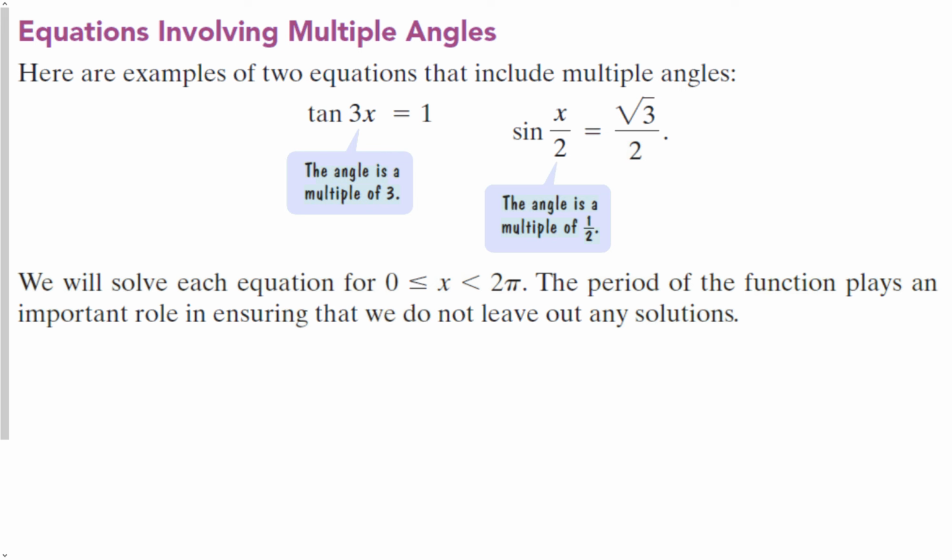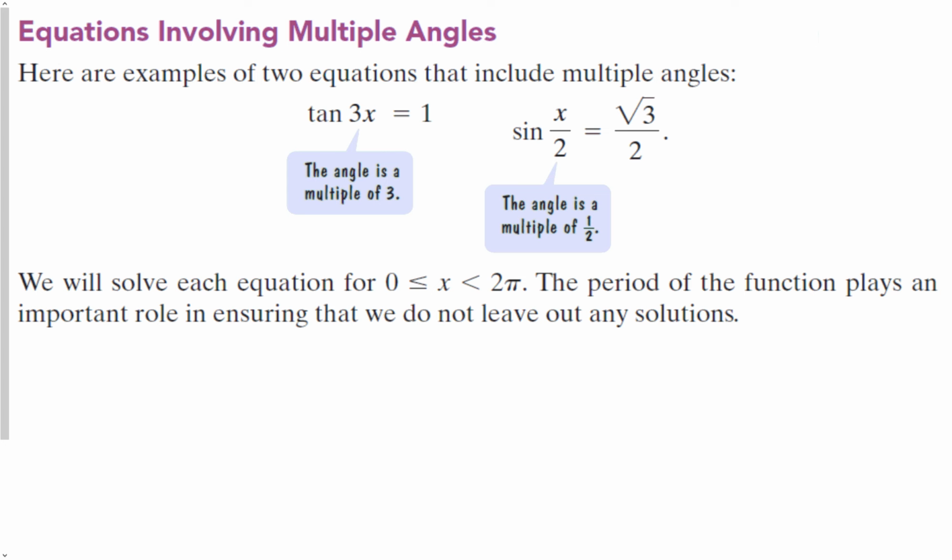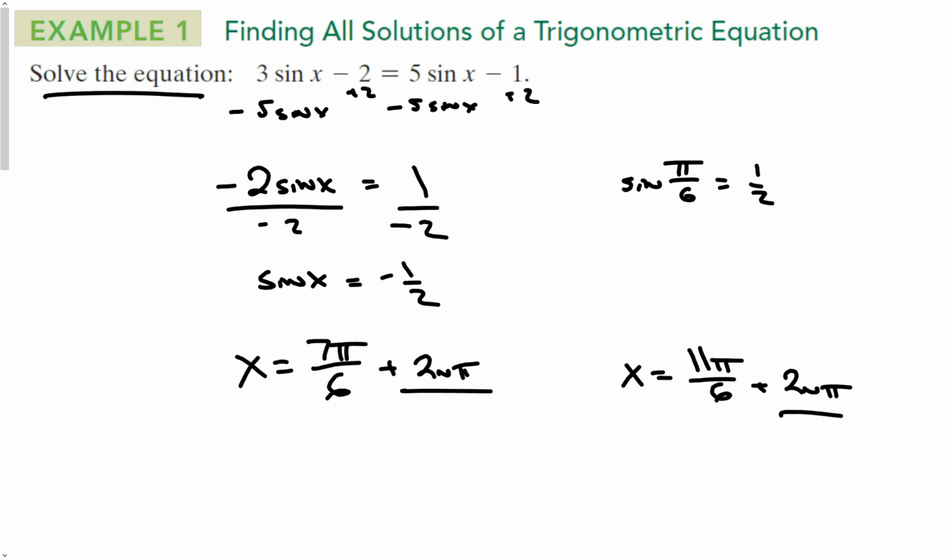Now we're going to concentrate on finding solutions of trigonometric equations for a specific domain. Here, this doesn't say anything. But in these next problems, we're going to limit the domain between 0 and 2 pi. So we don't have to write this extra bit.